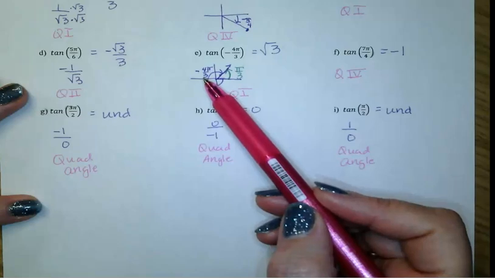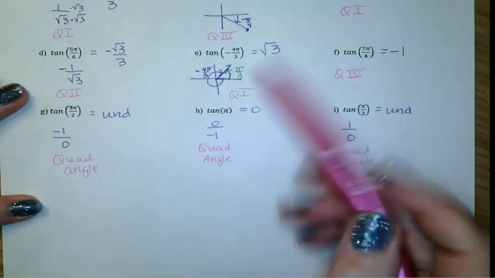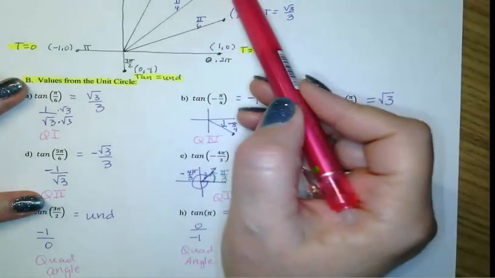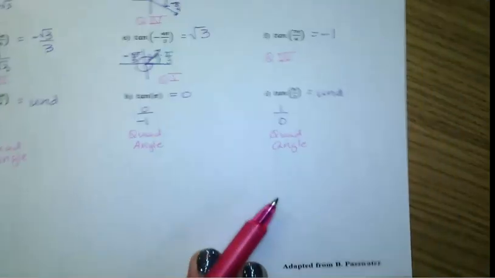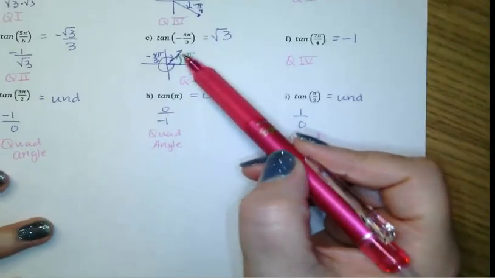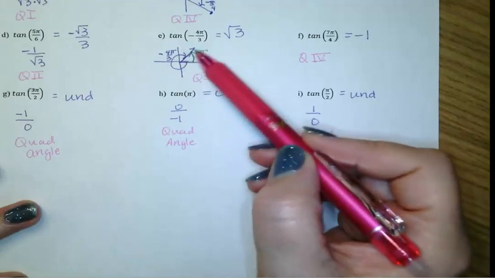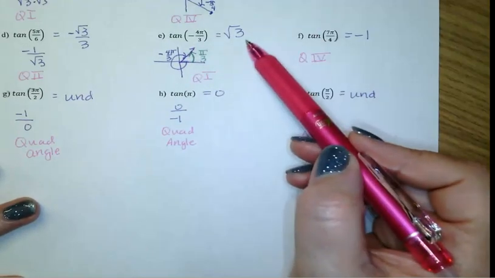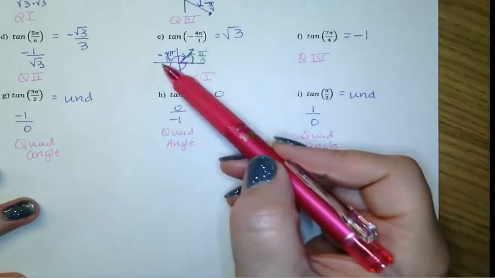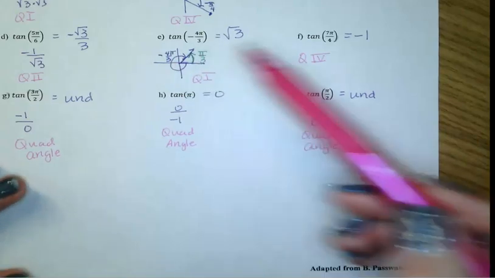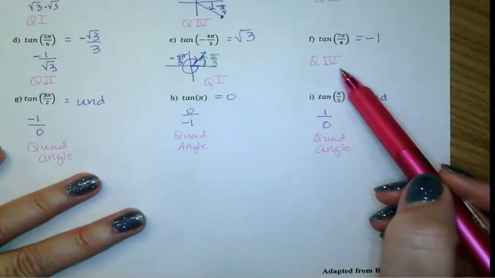So negative 4 pi over 3 is a multiple of pi over 3, and we know that pi over 3 has a tangent value of root 3. Knowing that this is putting me back in quadrant 1, where the tangent value would be positive, the tangent value of pi over 3 is going to be the same as the tangent value of negative 4 pi over 3.